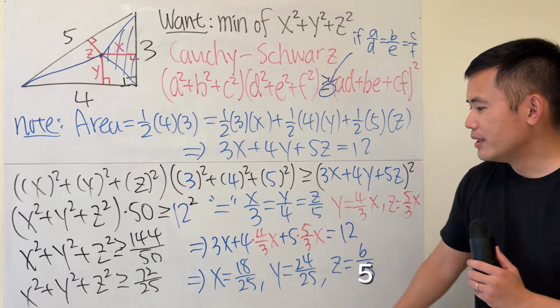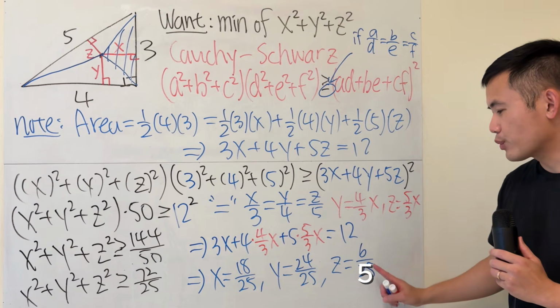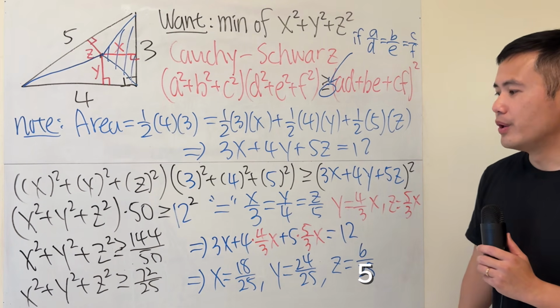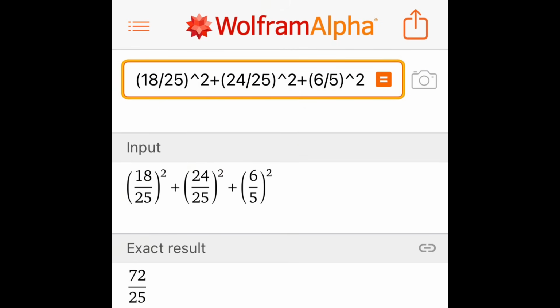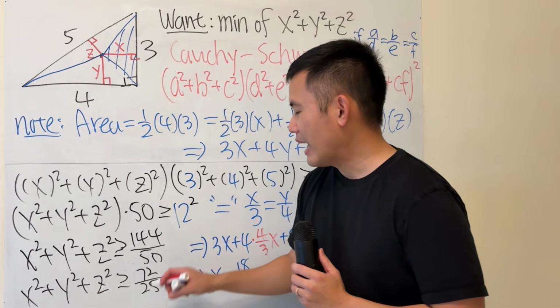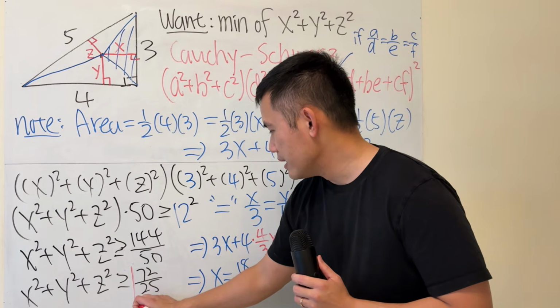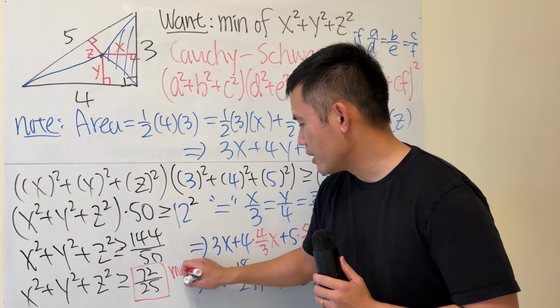And then I'll tell you, if you square this, and square that, and add them up, you will get 72 over 25. We can see that this right here has the minimum value of 72 over 25.